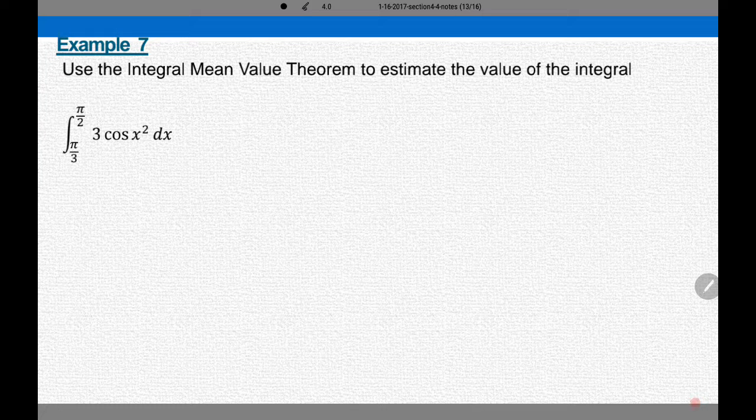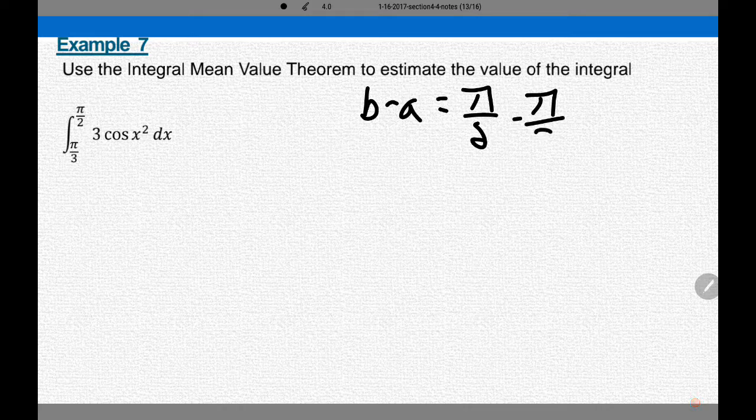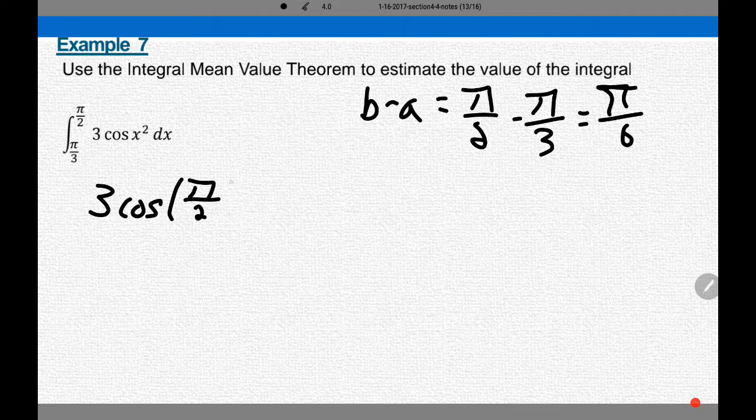So as we're doing this, we've got to do a few things. Number one, we need to know what b minus a is. So in this case, I take pi over 2 minus pi over 3, and hopefully you can see that's pi over 6. So that's a number that we need. We need to figure out 3 times the cosine of pi over 2 squared.